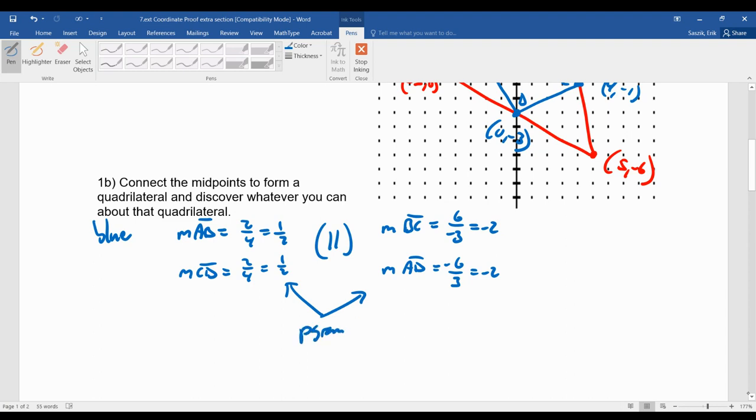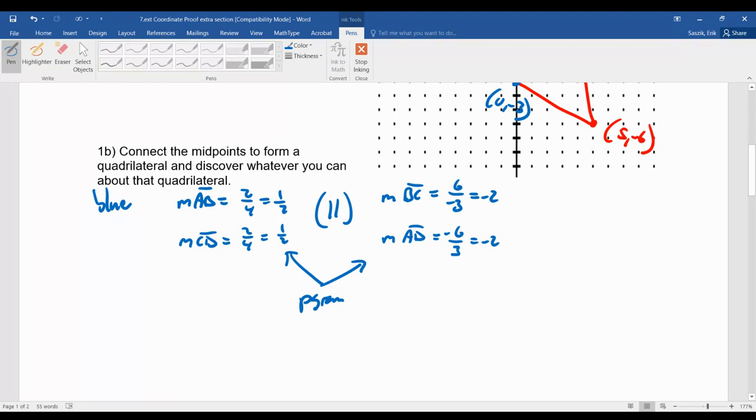Now, the part that's not coincidence, this will always happen, okay? Whenever you connect the midpoints of any quadrilateral, the new quadrilateral that you form in the middle will always be at least a parallelogram, okay? Will always happen.